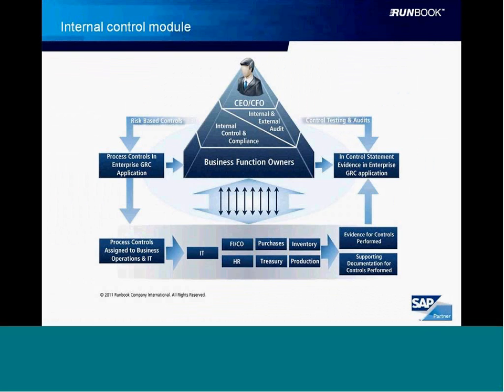And the moment he signs off on the control, it basically gives a signal to the internal control who can do an independent check. So basically they can drill down to the information which the shared service center has initially executed and which is reviewed by the business process owner. So you have the four-eyes principle and you have the internal audit or the external audit who is going to do an independent check, see if all the controls are being executed.